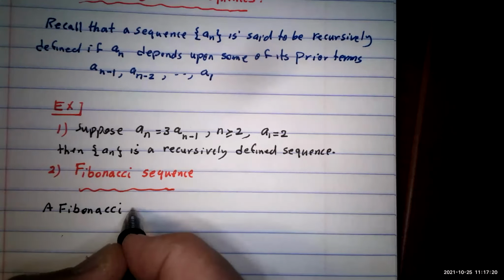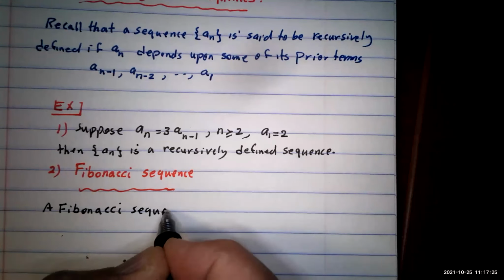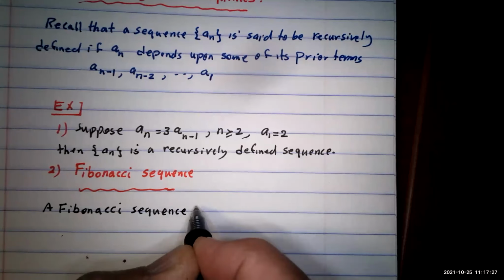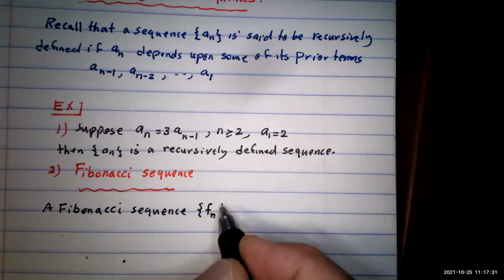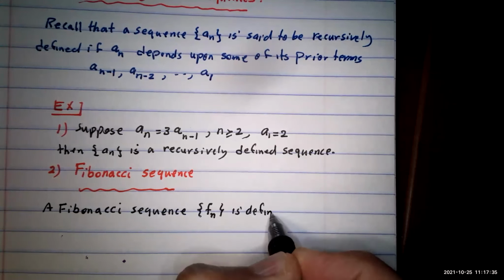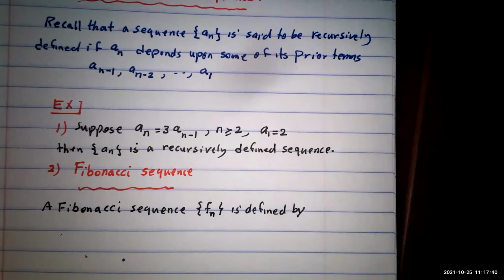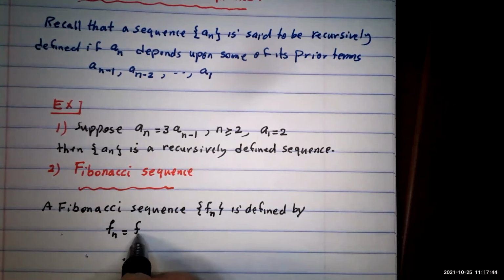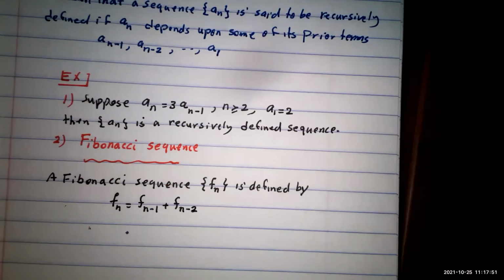So a Fibonacci sequence, denoted by F_n for Fibonacci, is defined by: each term is the sum of its 2 previous ones. F_n is F_(n-1) plus F_(n-2).